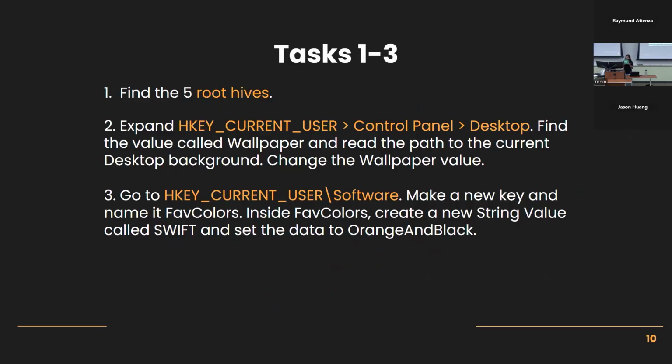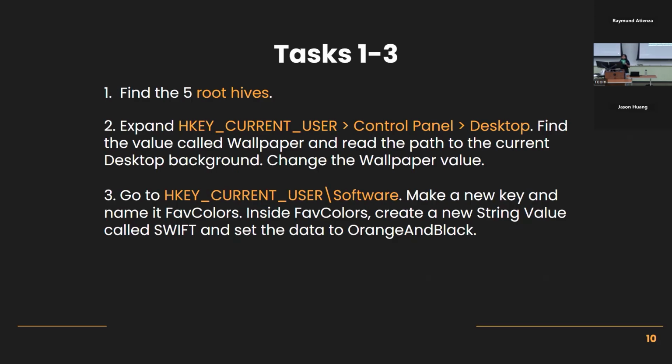Find the 5 root hives. The second task is to expand HKEY_CURRENT_USER, go to Control Panel on the desktop, find a value called wallpaper, and read the path to the current desktop background. Then change the wallpaper value, which will change the wallpaper through the registry keys, which is kind of cool.